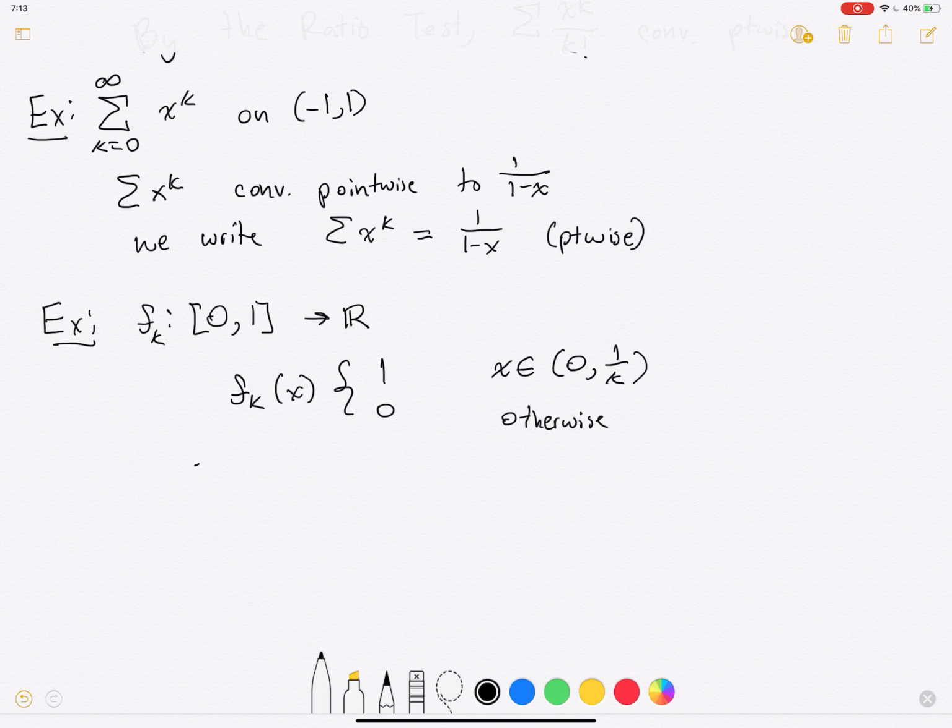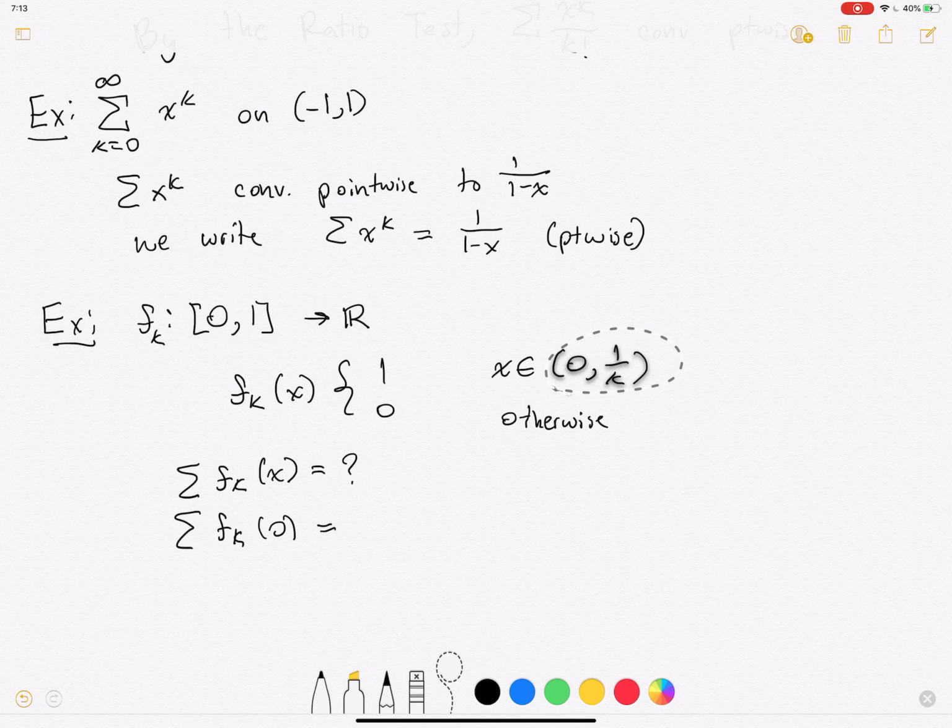Let's look at what happens at the endpoints. f_k(0) is outside of this open interval, so it will be 0.